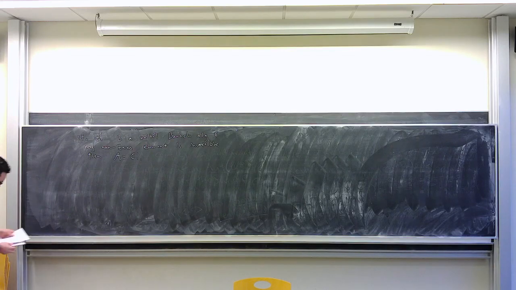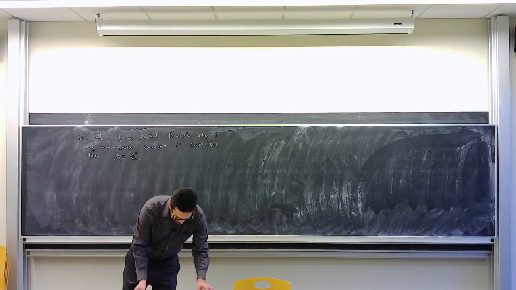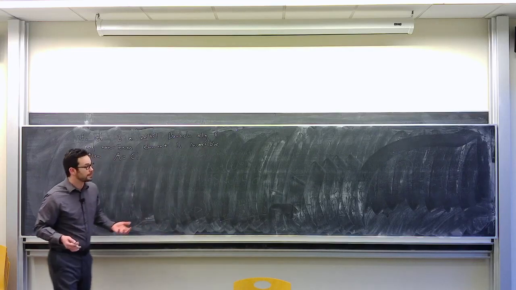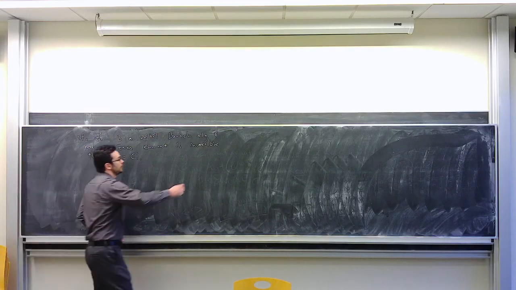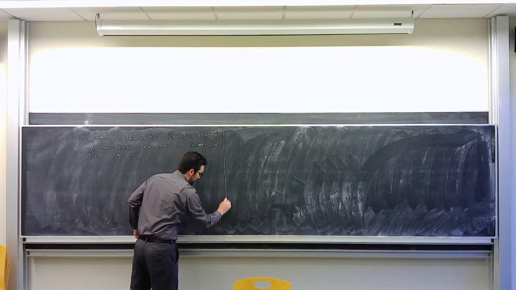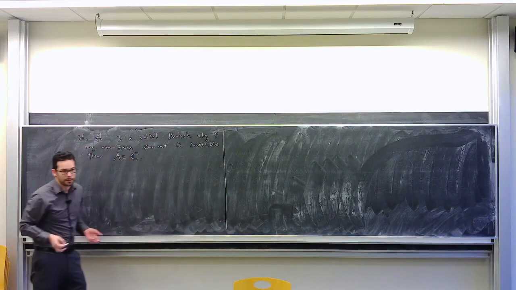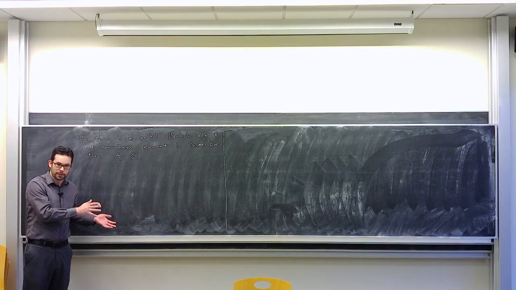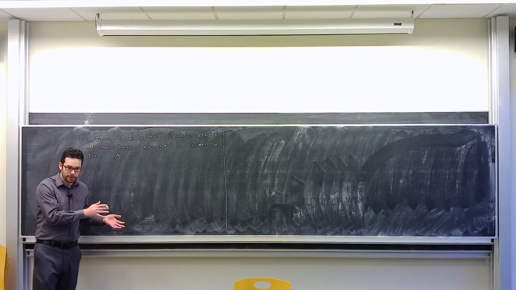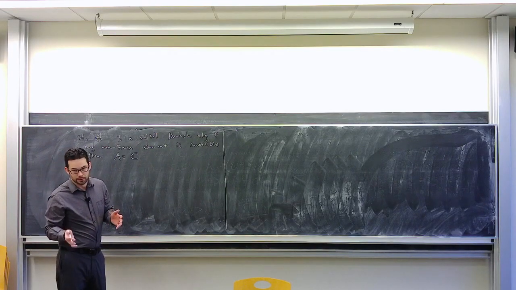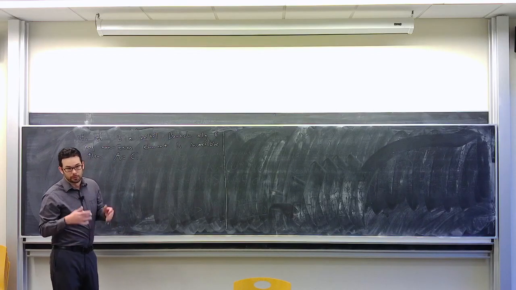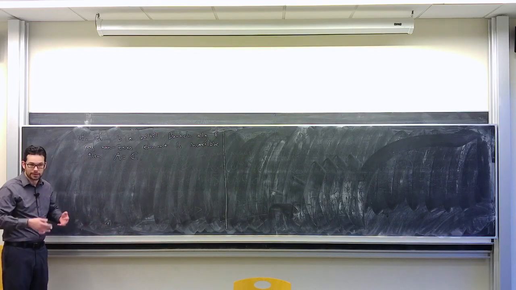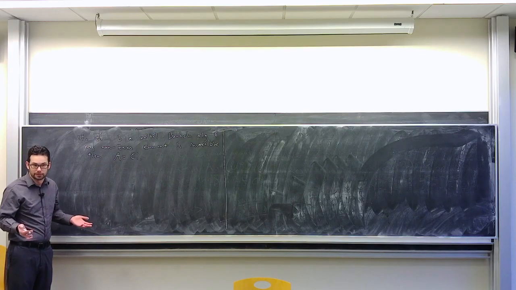All right, so today we'll continue discussing the spectrum of an element in a Banach algebra. We'll see this a lot in this course for operator algebras, that there's a big connection between topological aspects of these algebras and algebraic aspects of the algebras. Well, one algebraic aspect is just, are you invertible or are you not invertible?